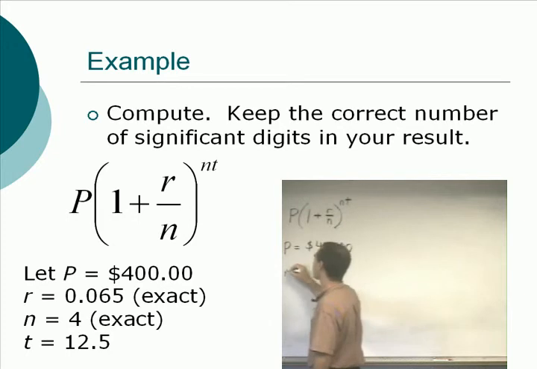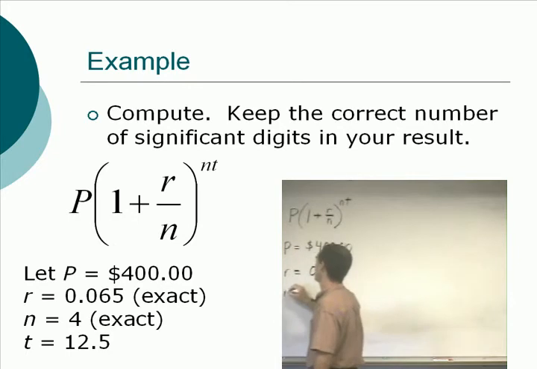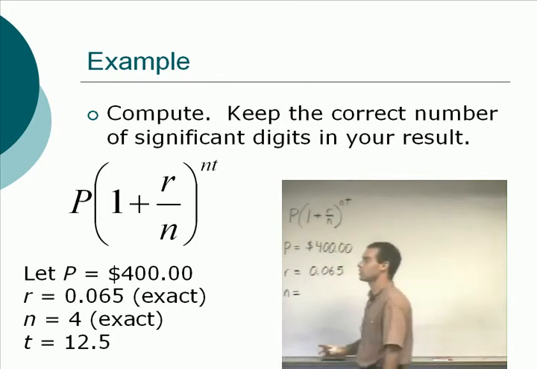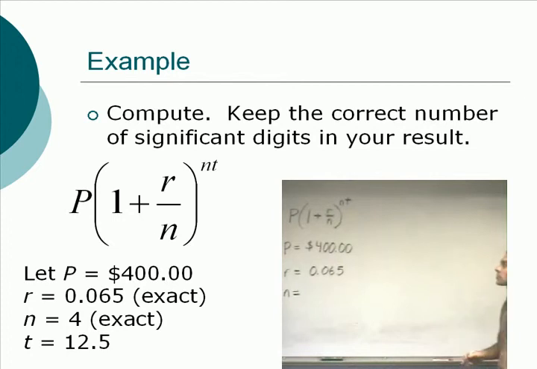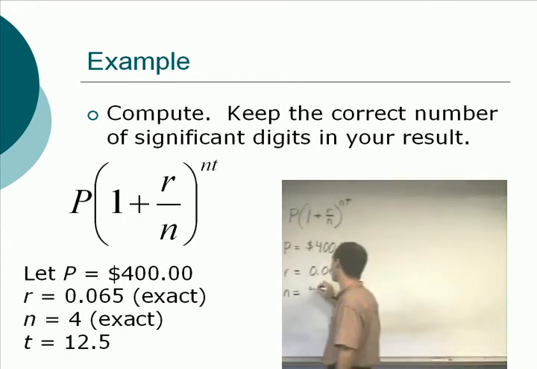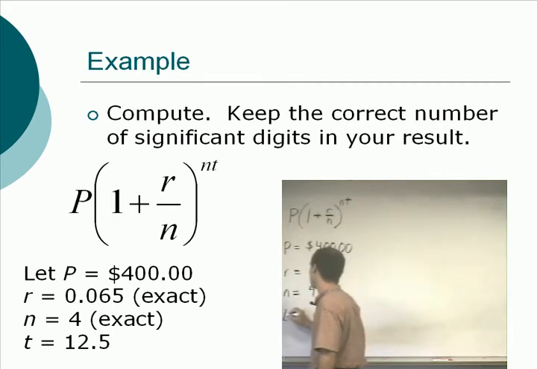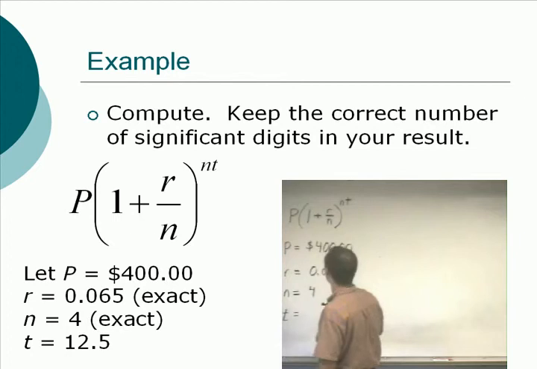The R that we have here is an exact value of 0.065. N in this formula represents the number of times per year the interest is compounded. That would be quarterly, and that turns out to be 4. And again, we're considering that to be exact. And we're going to have this invested over a period of 12 and a half years.